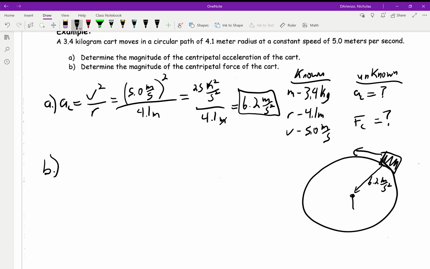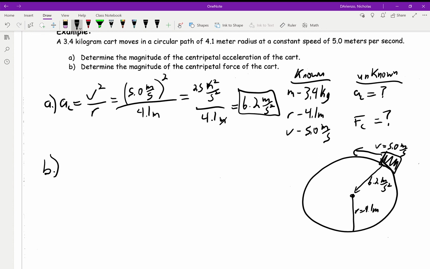And we know that the radius here is equal to 4.1 meters. Our velocity is 5 meters per second.